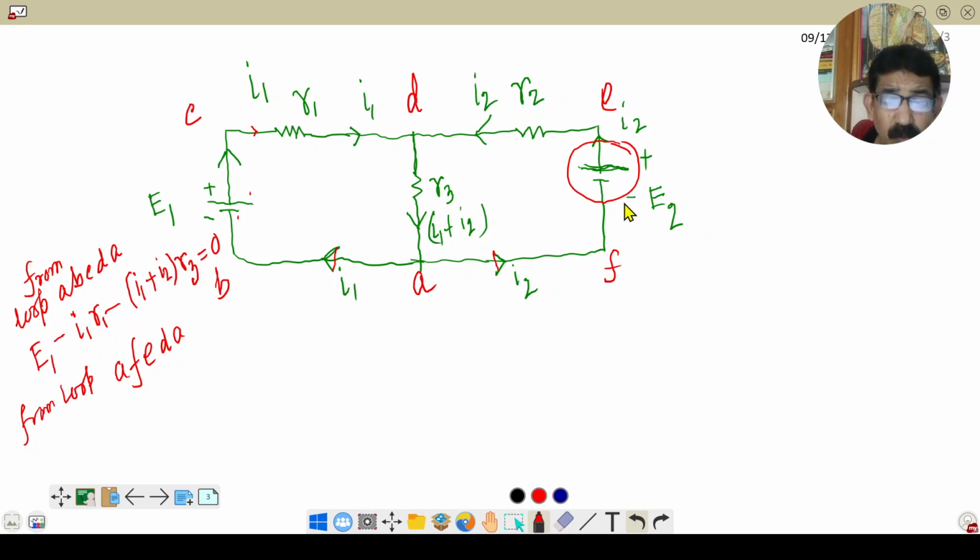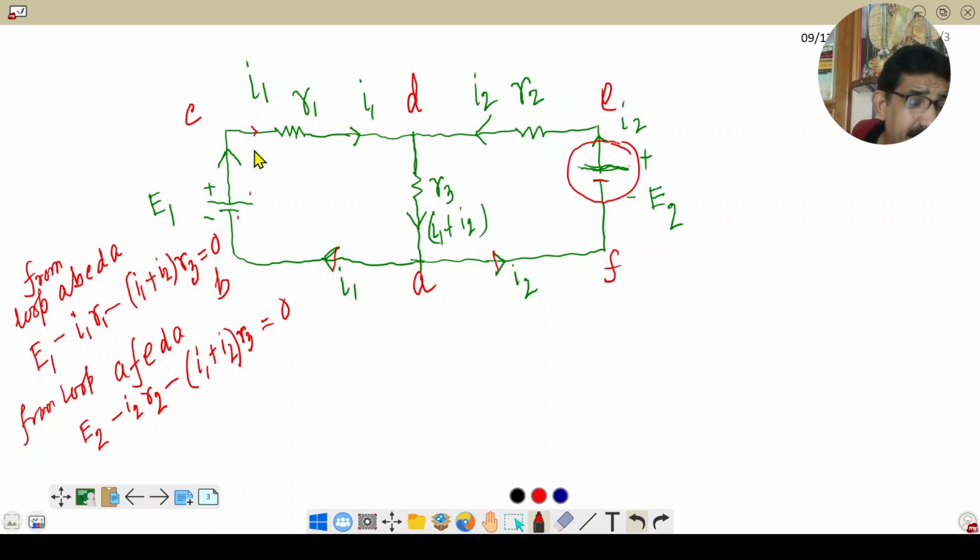This is E2, and we are moving from negative to positive. That is why when we move from negative to positive, the source of EMF should be considered positive: E2 minus I2 R2, and again minus (I1 plus I2) into R3 is equal to 0.